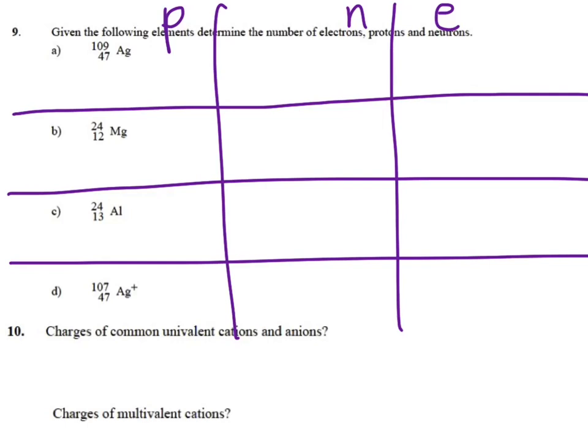If we were to say this is element X, the number at the bottom, which is Z, represents our number of protons. So Z is the number of protons. And the number at the top, A, is our mass.